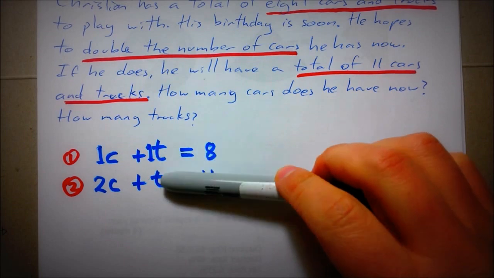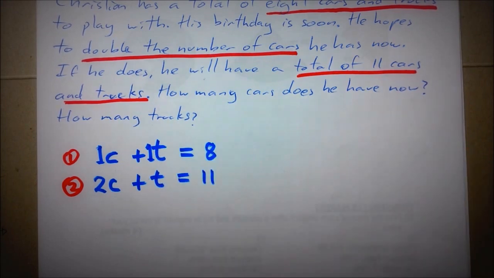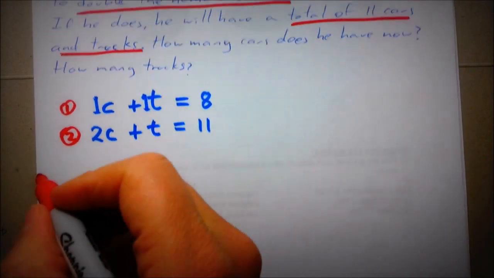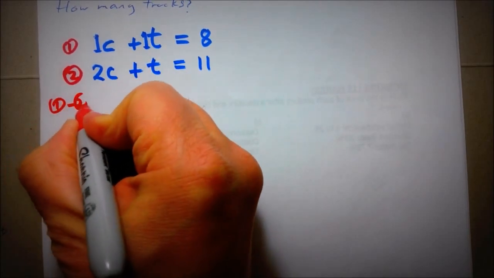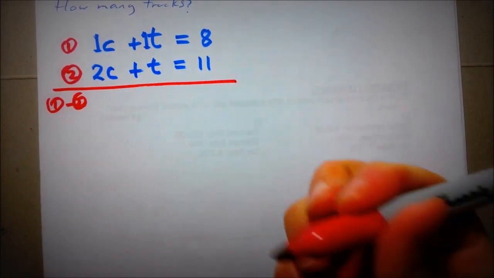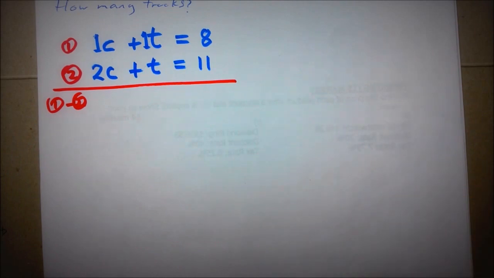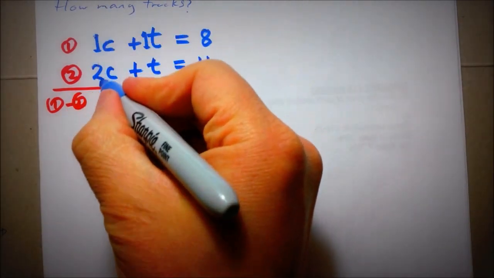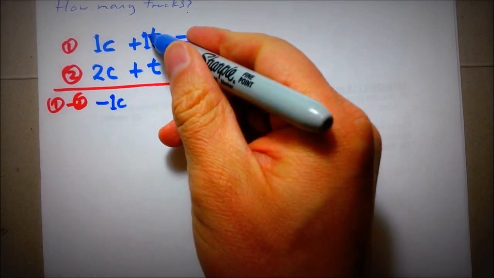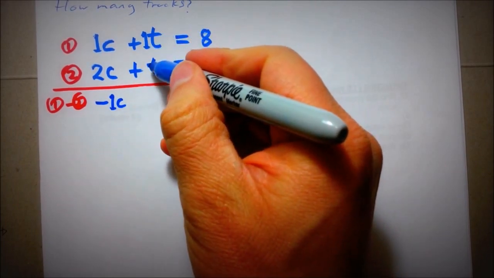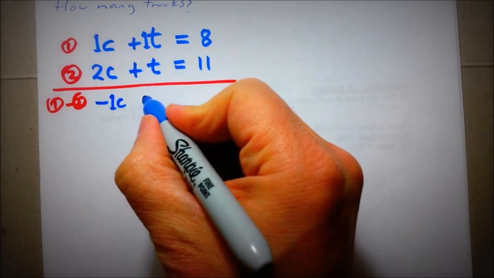Okay, so first, I'm going to use the method of elimination. I'm going to start eliminating the letter T. So I have to subtract both equations. So we subtract equation 1 from equation 2. That's gonna give us, okay, so 1c minus 2c, that gives us negative 1c, plus 1t minus 1t, that gives us 0.